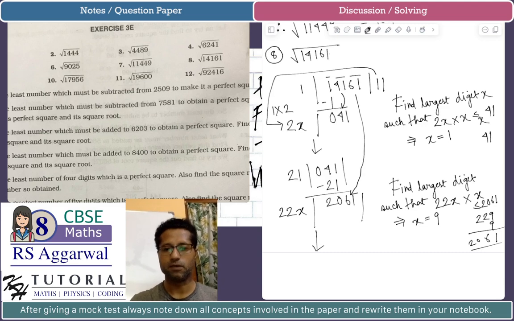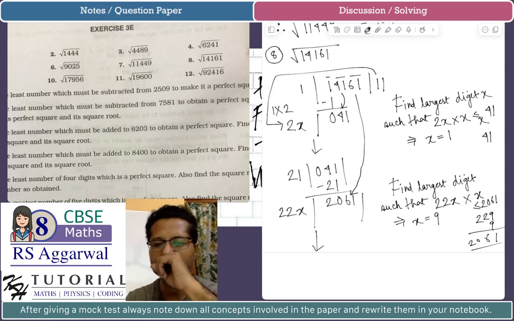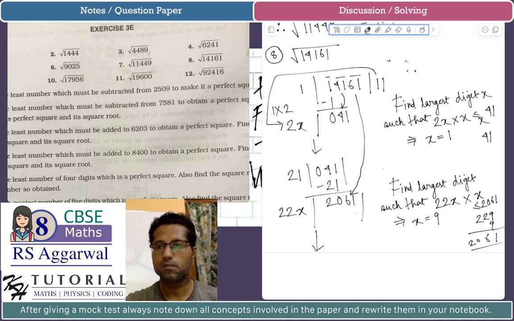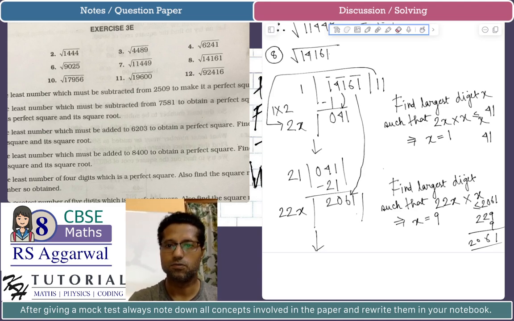So we have, when we substitute x as 9, what is happening? This thing is not moving anymore. What is wrong? What is wrong happening? Why this is not scrolling?